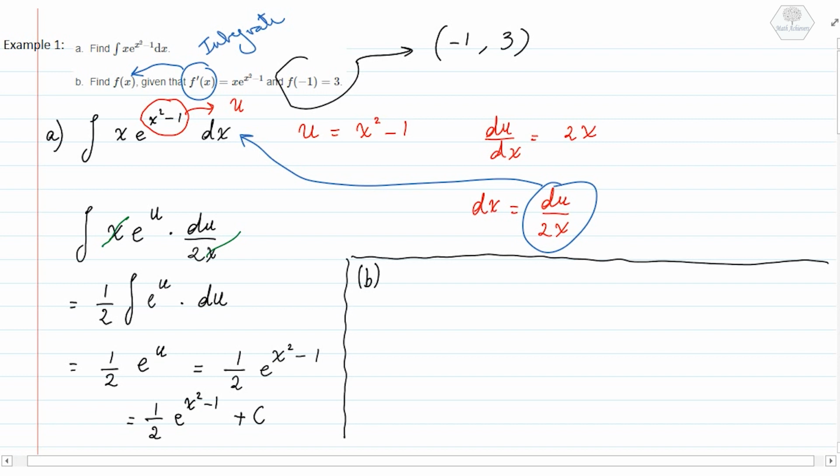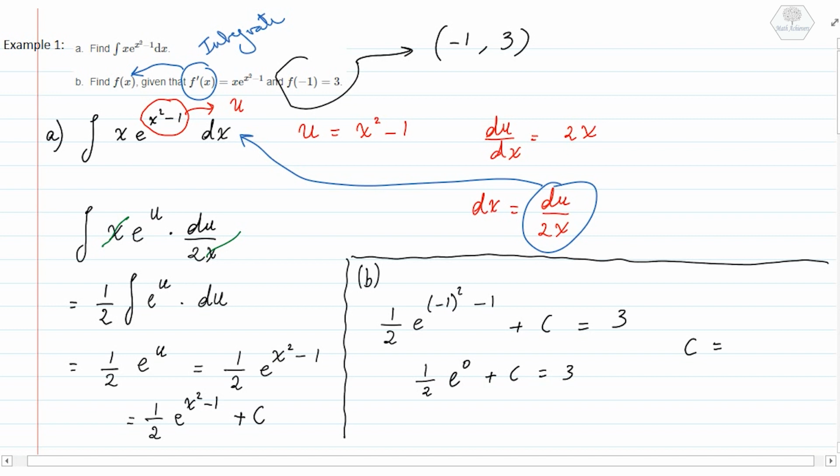This is a coordinate. So I'm having half e to the power of (minus 1) squared minus 1, plus c, equal to 3. I need to find the value of c. So as a half, this is a 1 minus 1, e to the power of 0 plus c is equal to 3. So now the value of c: half times e to the power of 0, this is a 1, which is a half.